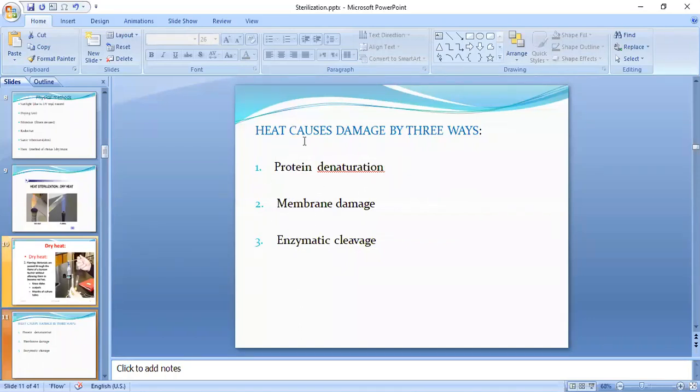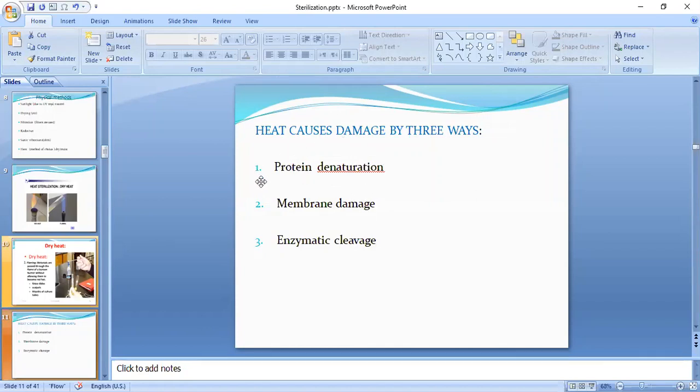The mechanism of the heat is that it causes the reaction by three ways. One is protein denaturation. The heat causes the protein denaturation of the bacteria or the viruses.